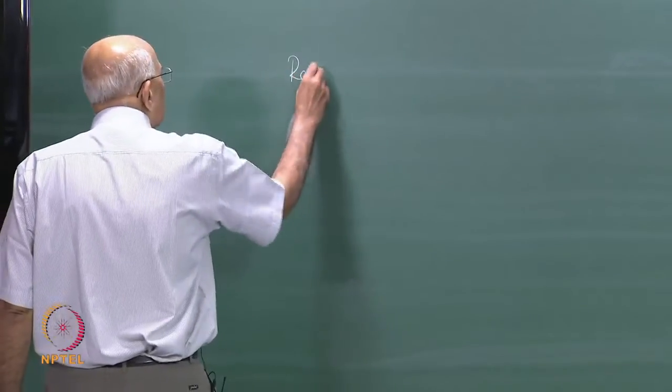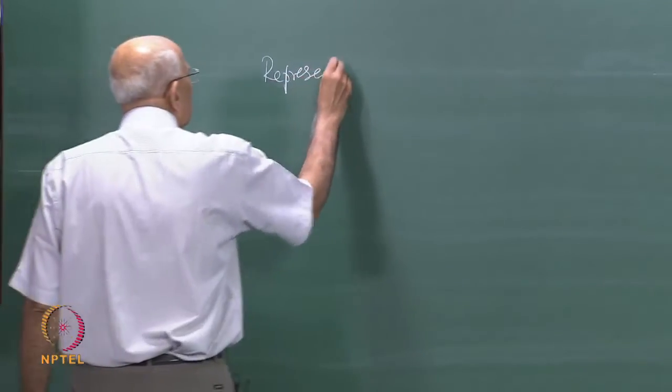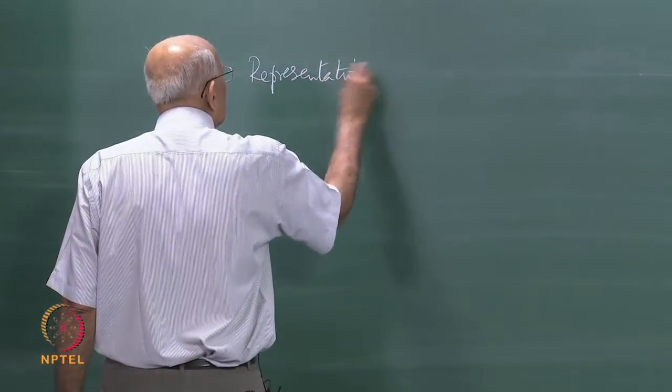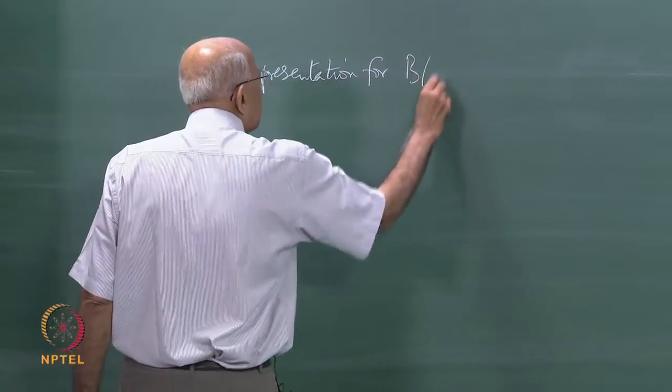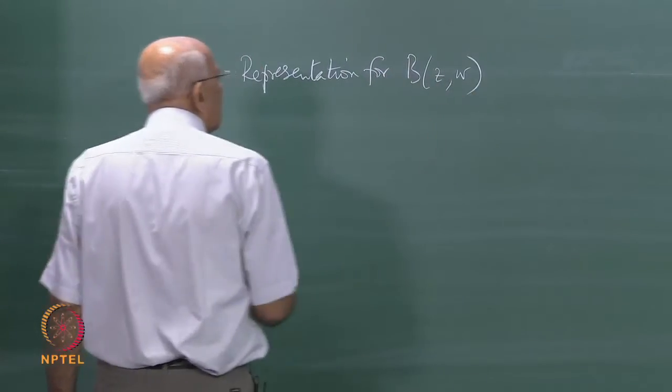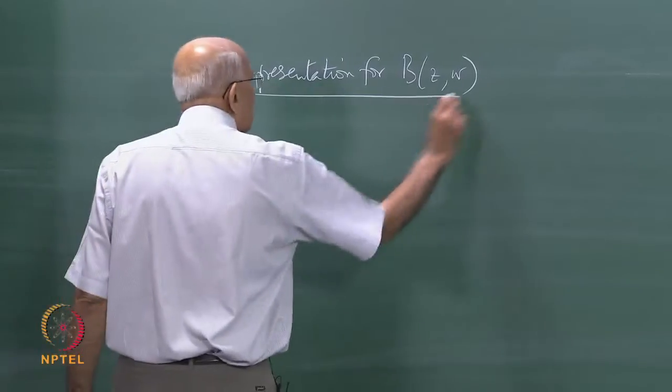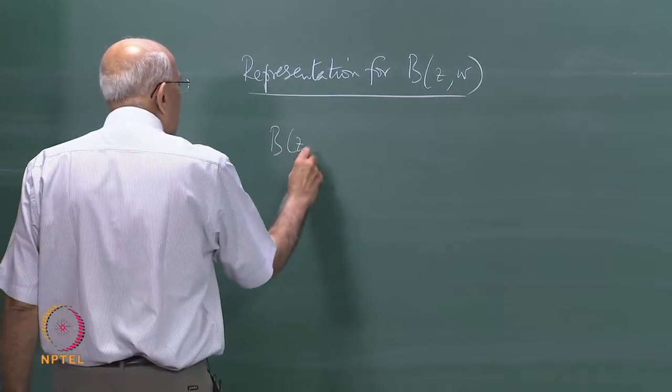In this case, let us write a representation for the beta function, and recall that we started with a defining representation.